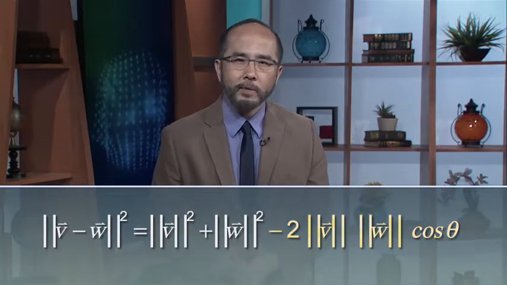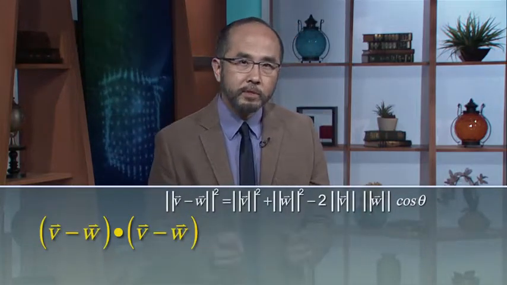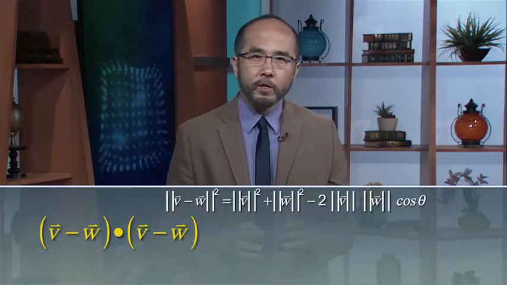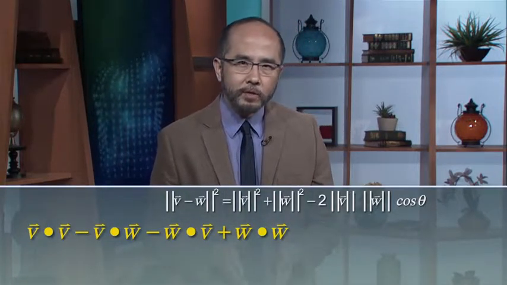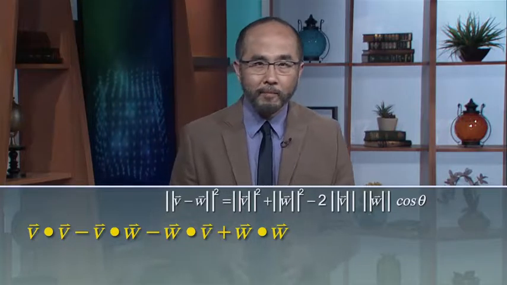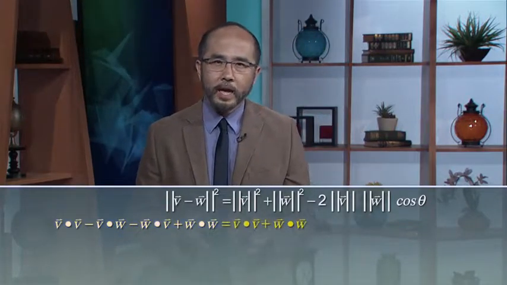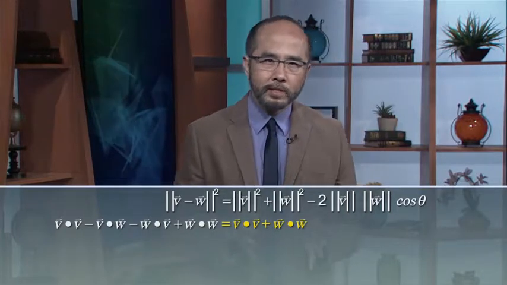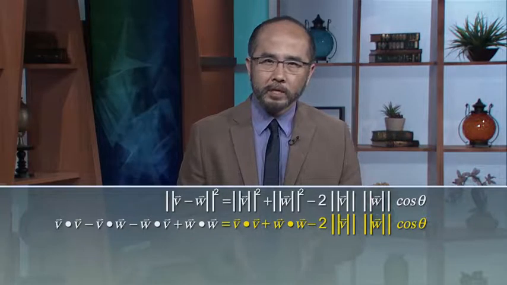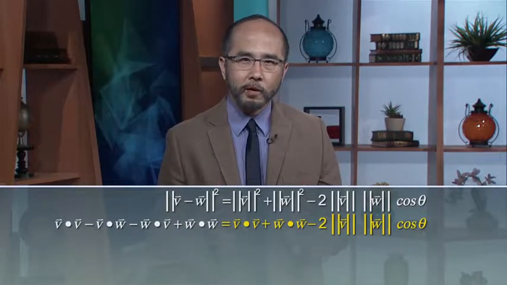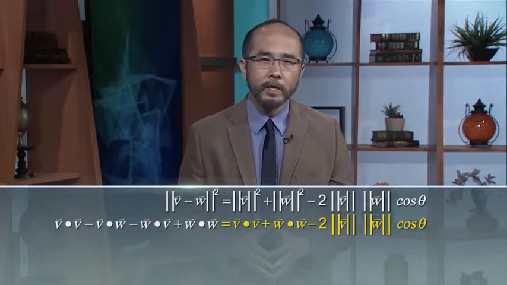So using the properties of dot products, the left-hand side becomes v minus w dot v minus w, which is v dot v minus v dot w minus w dot v plus w dot w. The right side becomes v dot v plus w dot w minus twice the length of v times the length of w times the cosine of theta, the angle between v and w.